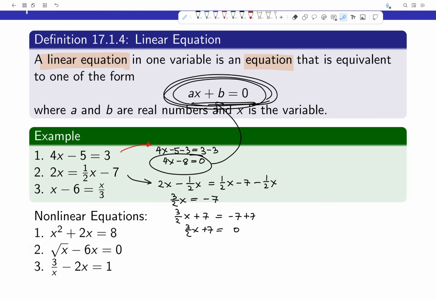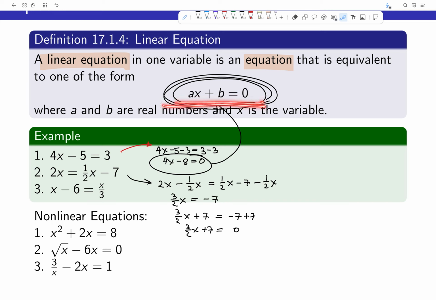Now for number 3, although the highest exponent for x is 1, we have a variable or unknown in our denominator, and we don't want that to happen because this is just equal to 3x raised to negative 1 minus 2x equals 1.